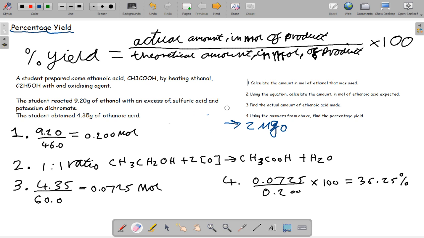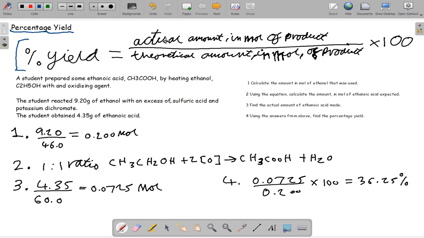So if we take a look at some of these organic reactions, we can use this formula: percentage yield equals the actual amount in moles of the product. So we need to take the MR of the product in the balanced equation and then put it over the amount in grams of that product.